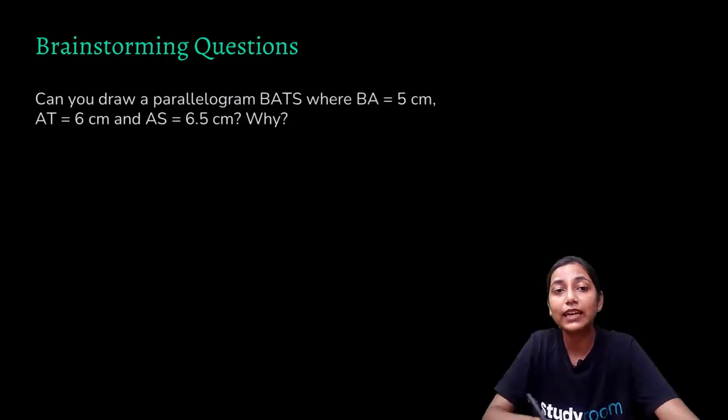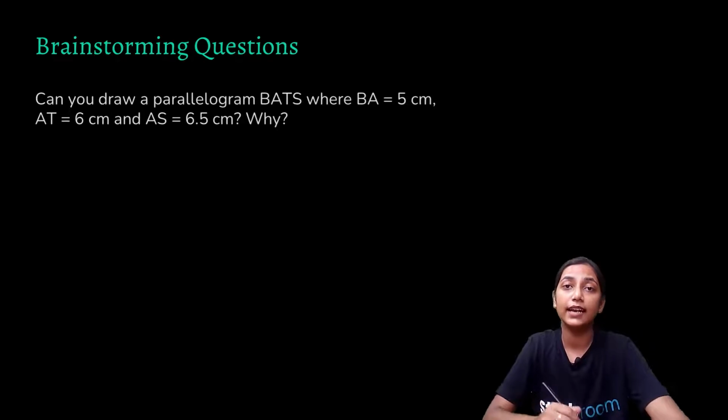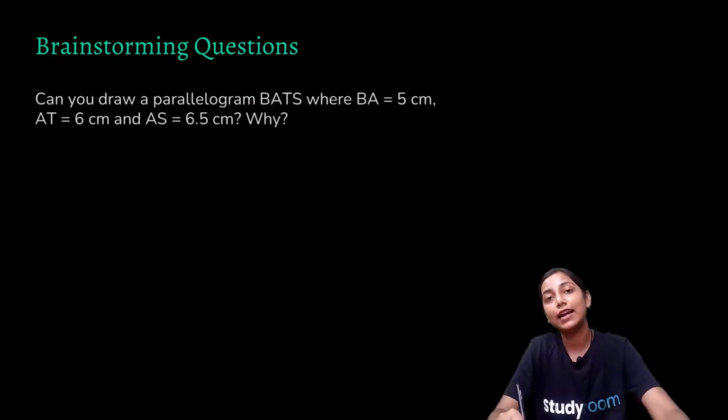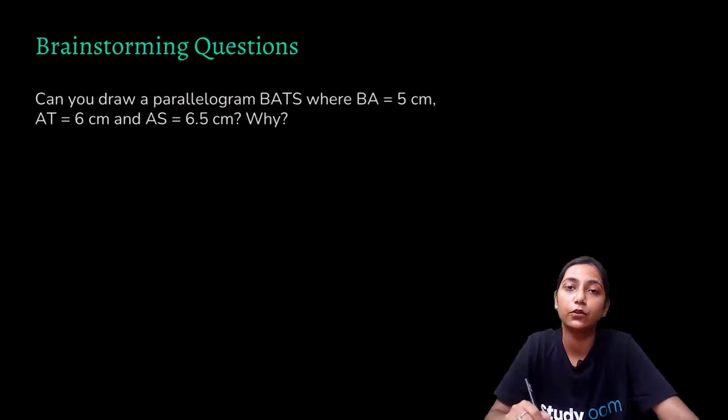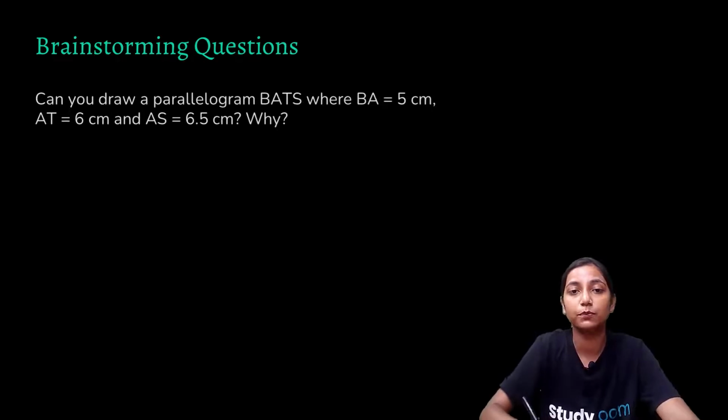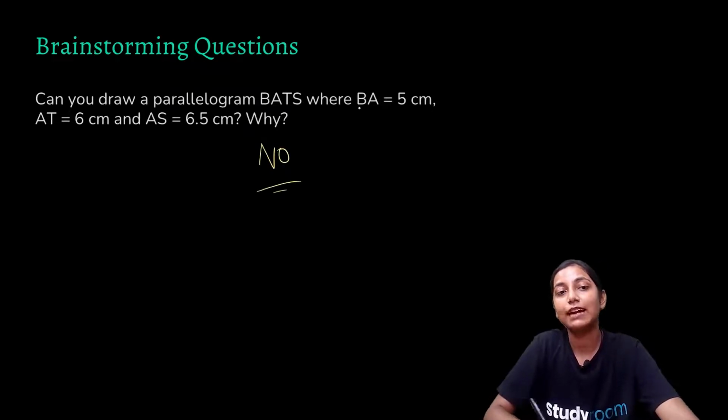Only 3 measurements, BA, AT and AS. But we need to have 5 measurements in order to construct a quadrilateral, or in this case a parallelogram. So the answer is going to be no, because we only have 3 measurements and we cannot construct this parallelogram.